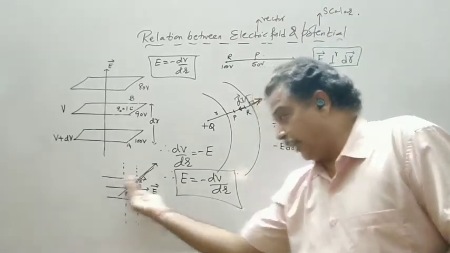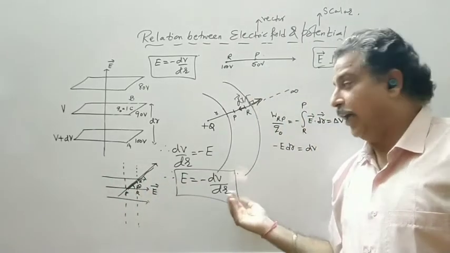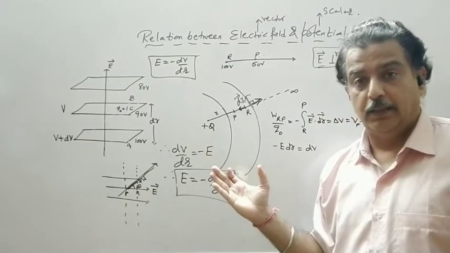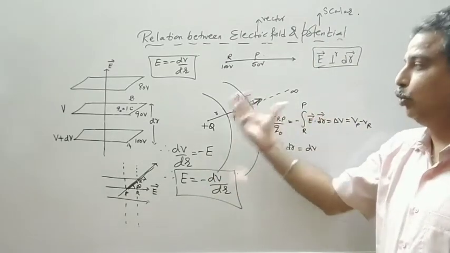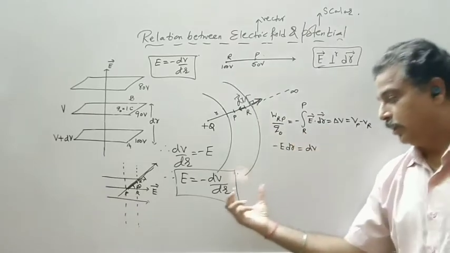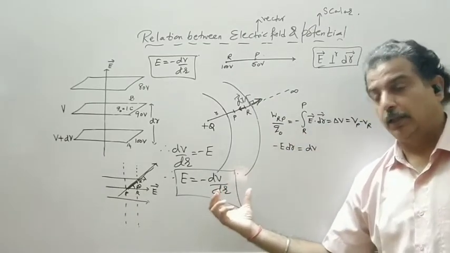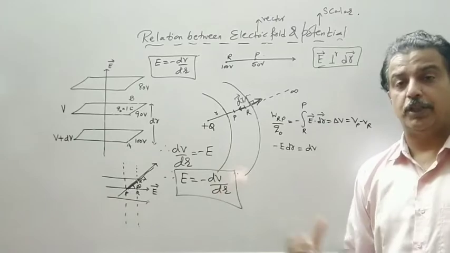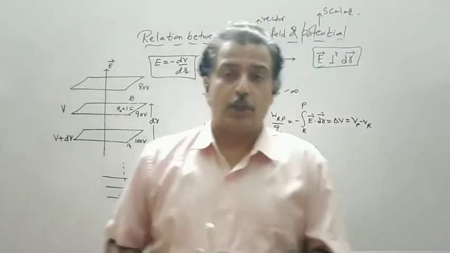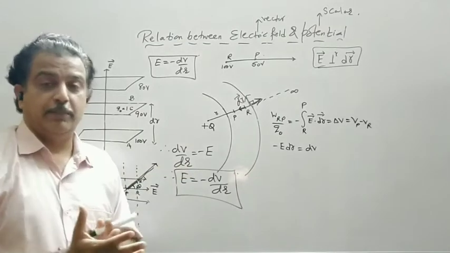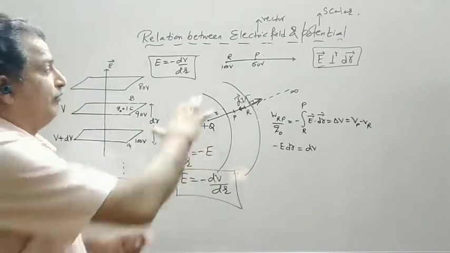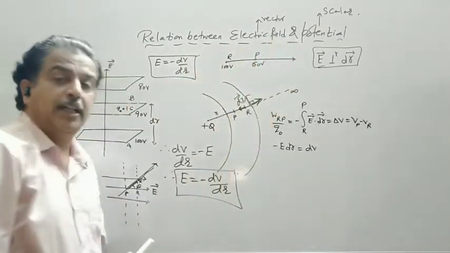The field is along the x-axis and you are moving in the xy plane. So we need to introduce the theta, or we have to write this equation in the form of a dot product.